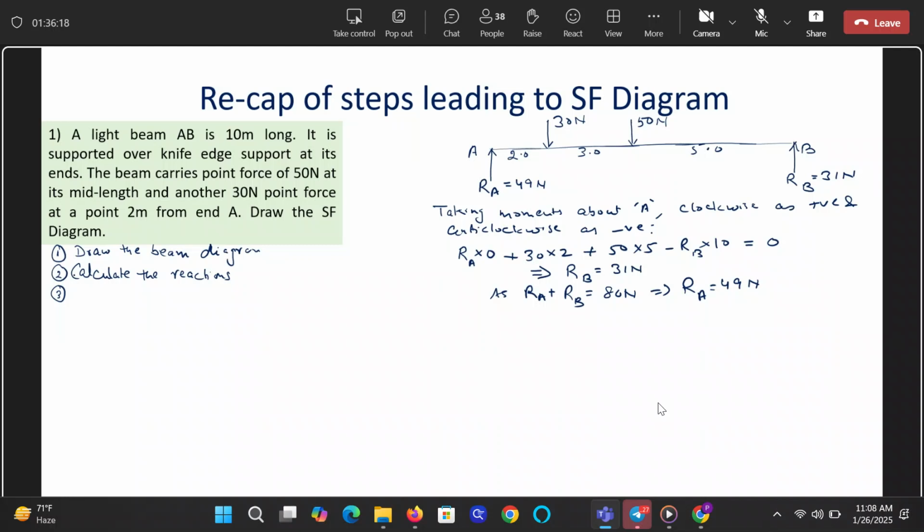Now, the third step is, now beam diagram assumes importance, right? By looking at the beam diagram. So if beam diagram is wrong, third step will be wrong.